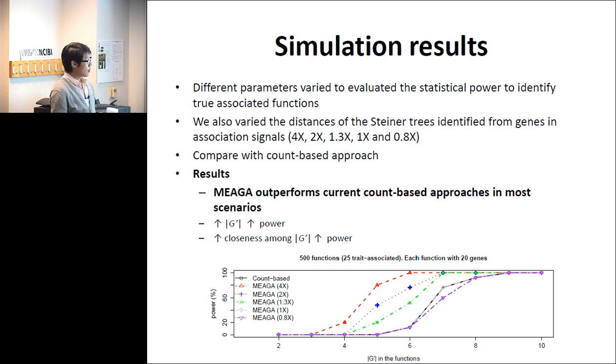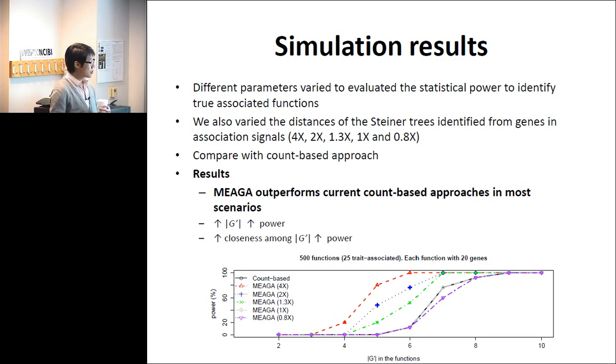MEAGA tends to outperform the current count-based approach in most scenarios, especially if the interactome, the biological network, gives informative information, which means 4x to 1.3x here. We also observe that the 1x scenario is the same as the count-based approach. We could expect that if there's no information from the interactome, we do not lose any power. Okay, but at the same time we retain the power.